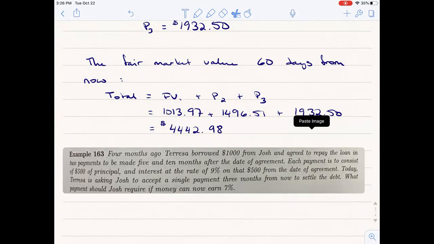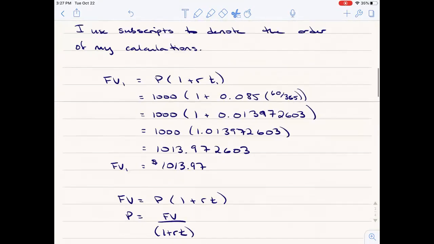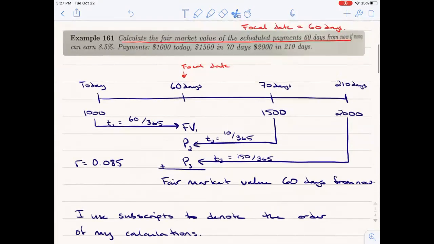And 60, I hope. 210 minus 60. That's right. Because as a rule, the length of the arrow is the distance, right? And so from 210 days to 60 days is 150 days. Good.